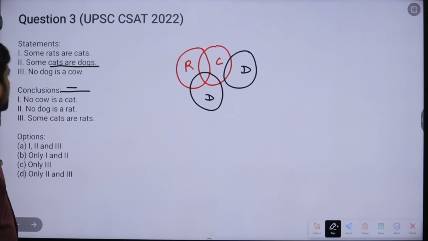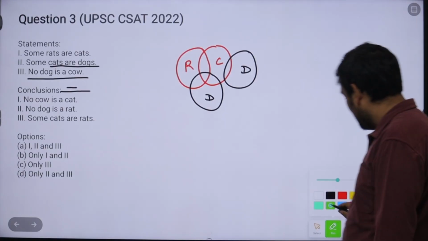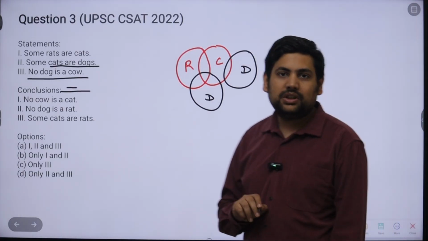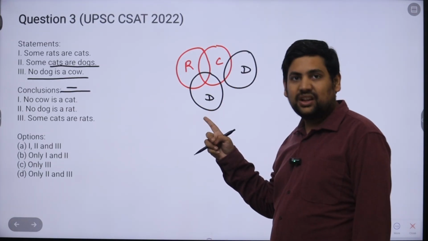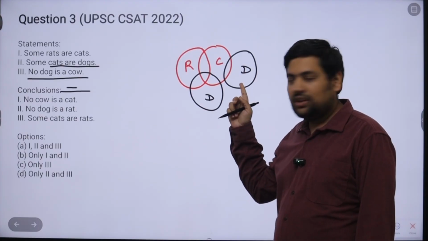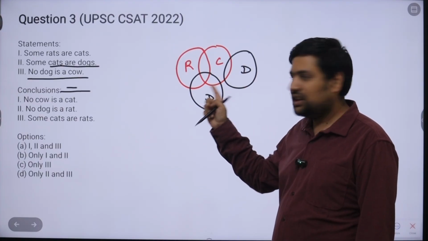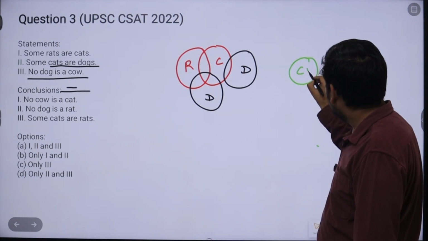Then, next: no dog is a cow. Again, this will have two possibilities. One thing can be that dog and cow do not have a relation with rats and cats also. So cow will be like this.